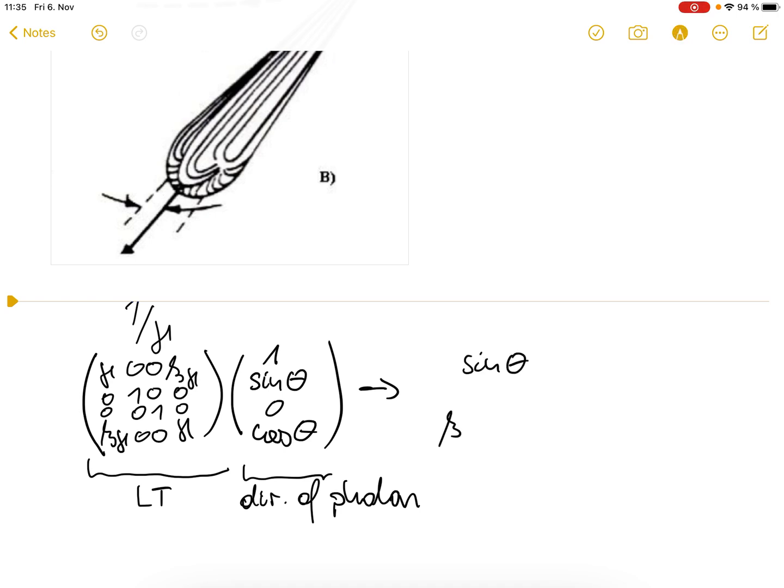Here we find beta gamma plus gamma cosine theta, and the other two components are not very important. I write them down anyway, just so that the calculation is complete. And here there should be a 0.